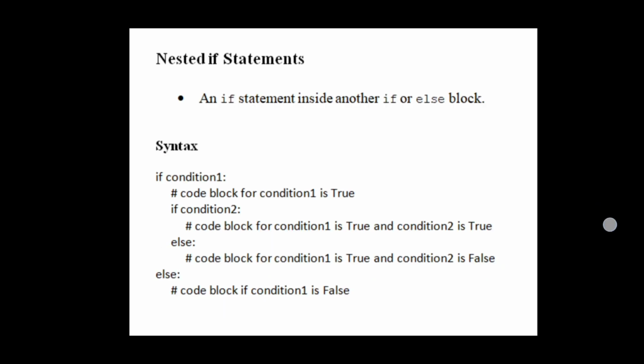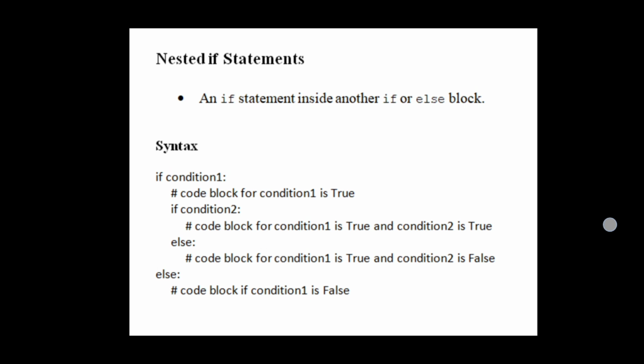Nested if statements: an if statement inside another if or else block. Syntax: if condition 1, if condition 2, else, then outer else. If condition 1 is true, then the inner if checks condition 2.